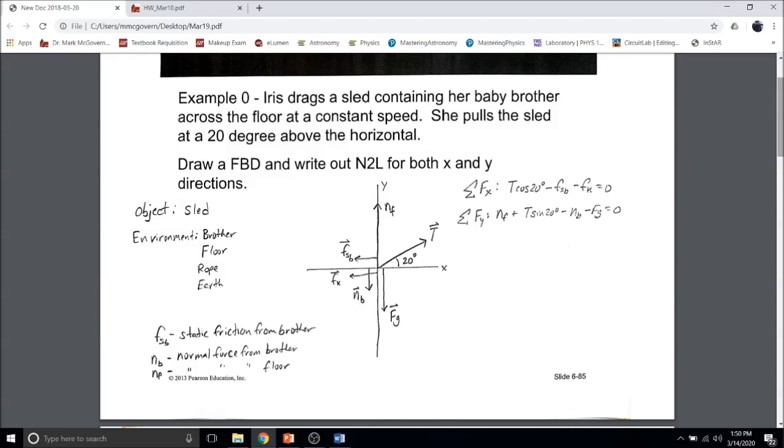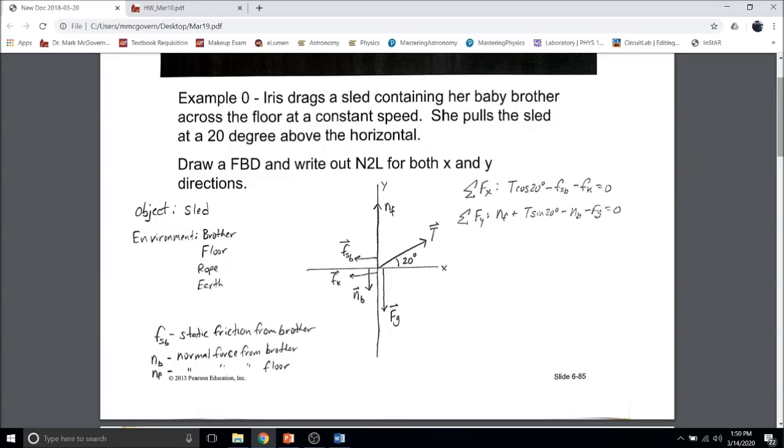And again, if things are not clear here, you may want to do a force identification diagram, have the sled circled, and then you can see all the things that are in contact with the sled. Again, baby brother, floor, rope is all in contact with the sled. We have one long-range force, which is the earth. Which is gravity from the earth.